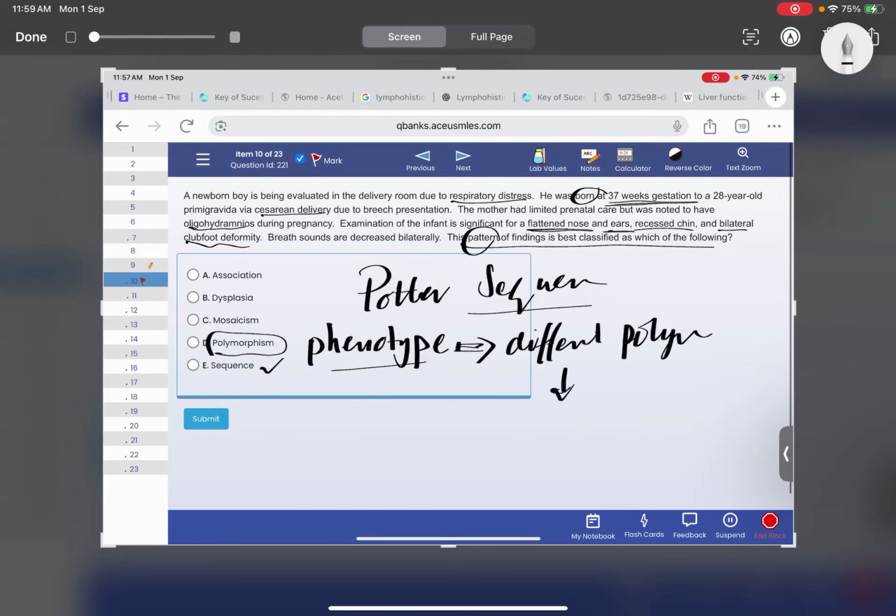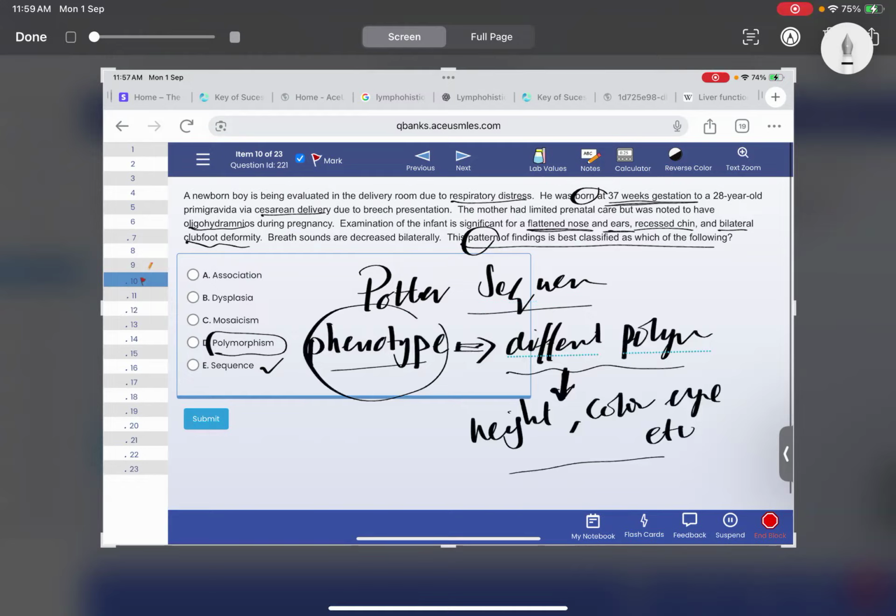An example is height, color of the eyes, etc. So the same phenotype with different presentation, okay? It's called polymorphism. Guys, don't worry about this question. You will easily understand all these when you are doing your genetics.